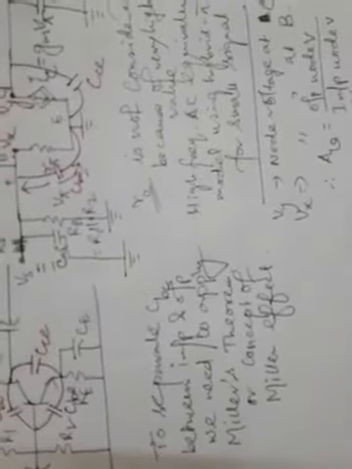Now using Miller's theorem, the total input impedance for the BJT after applying the theorem is denoted by Zmi, where Z is the impedance before Miller's theorem had been applied.